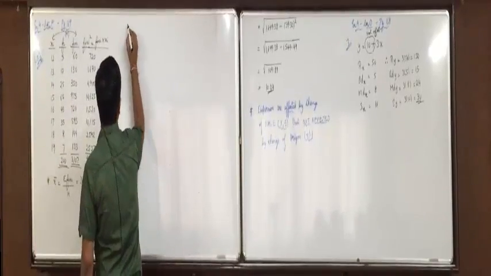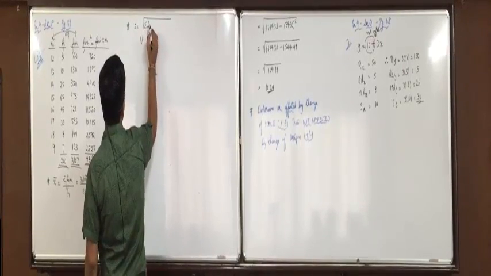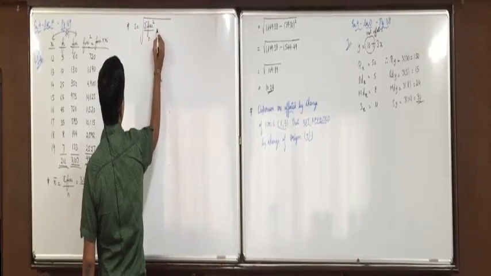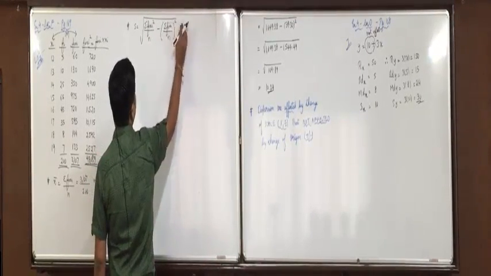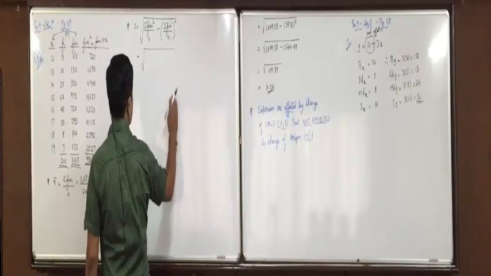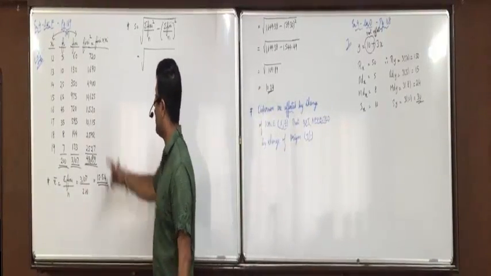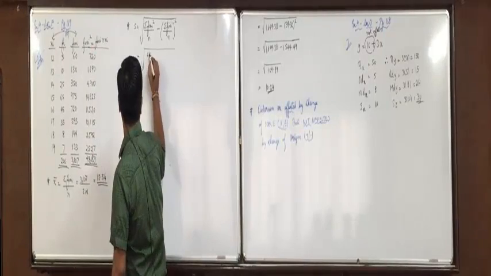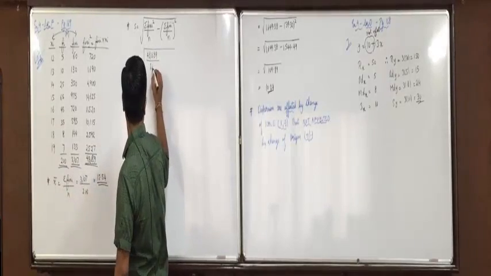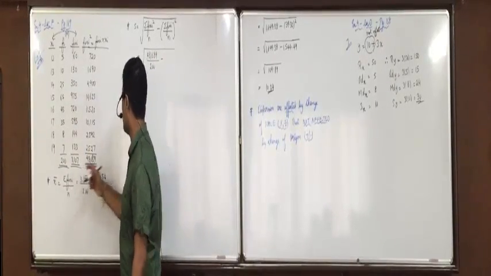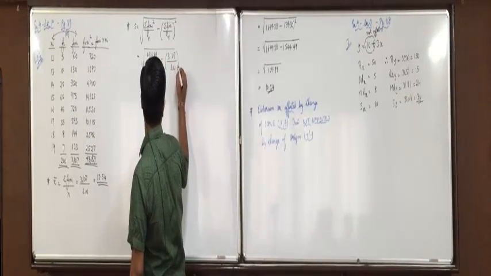Then standard deviation is the square root of sigma fi xi square upon n minus sigma fi xi upon n whole square. So sigma fi xi square is 48689 upon n, which is 200, the total of fi, minus sigma fi xi, which is 3107, upon n, 200, whole square.